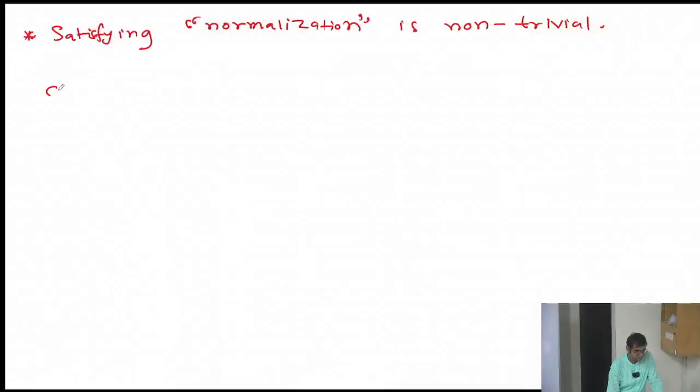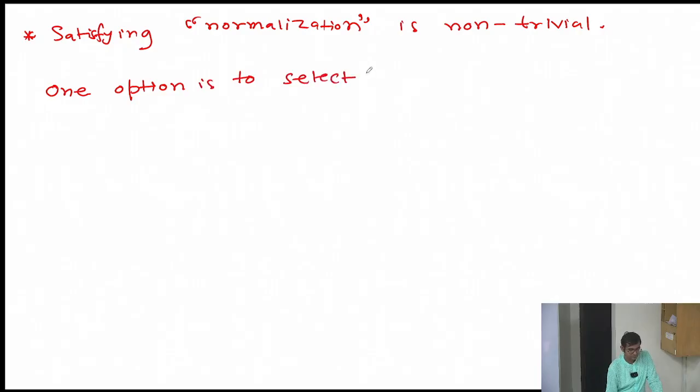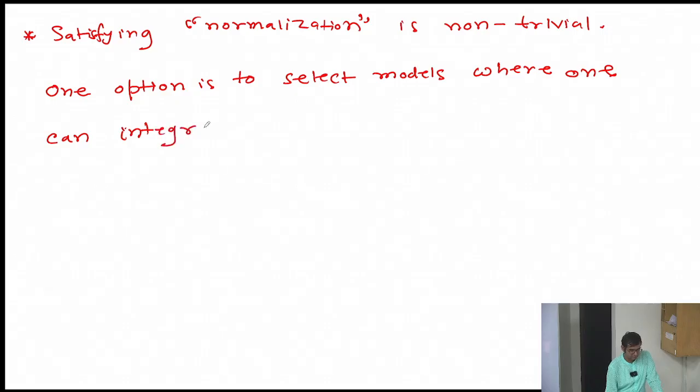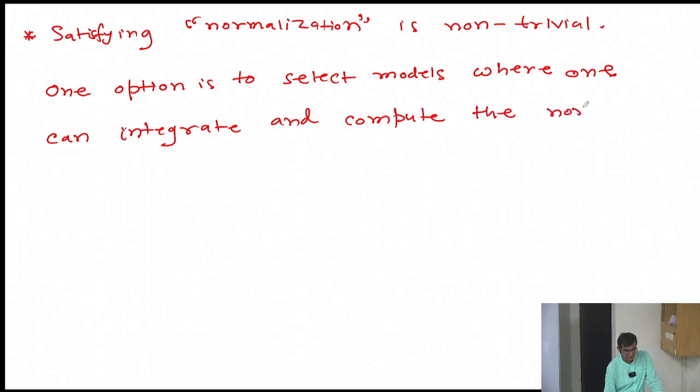So one option is to select simpler mathematical models where one can integrate and compute the normalization constant, because that's what we want.